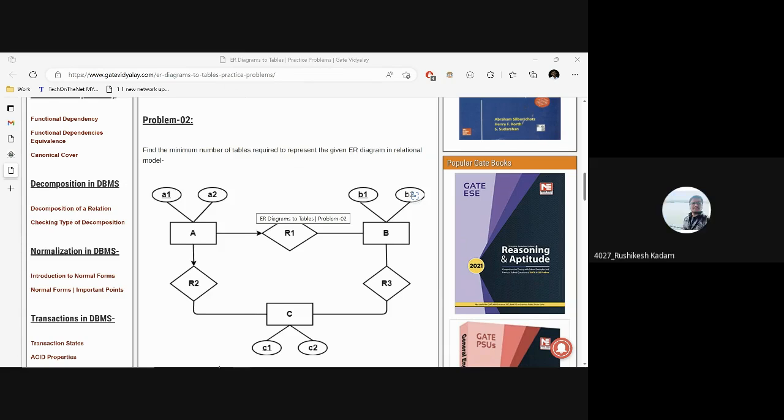Yes, sir. Okay. And then there is a relationship between A and C. Then there is also a relationship between B and C. But for B and C no number has been given, whereas here they are given a number.